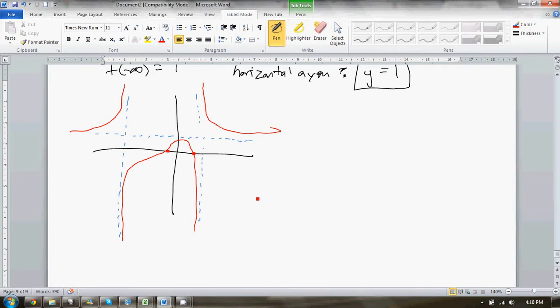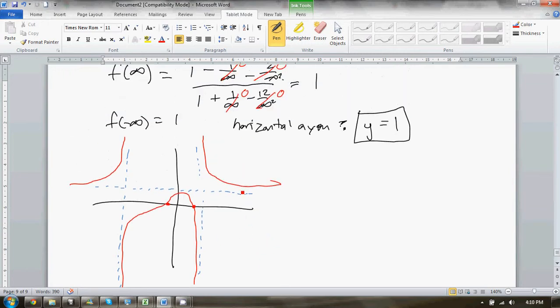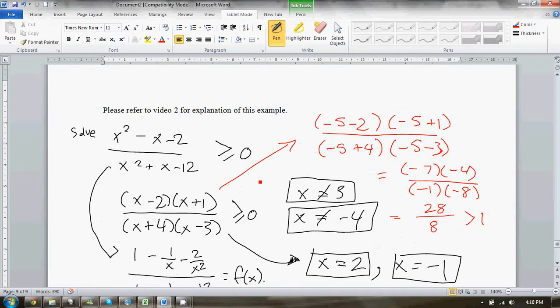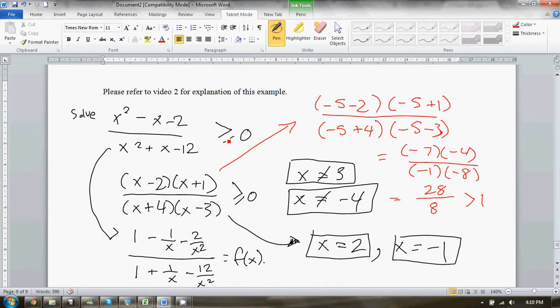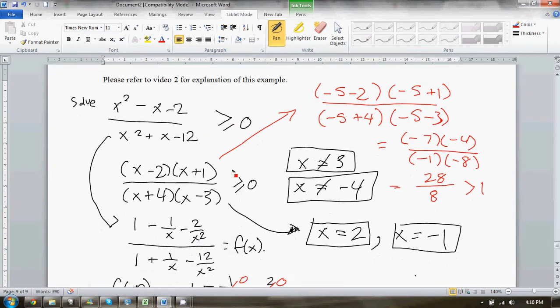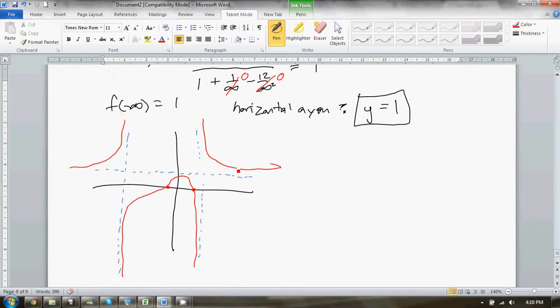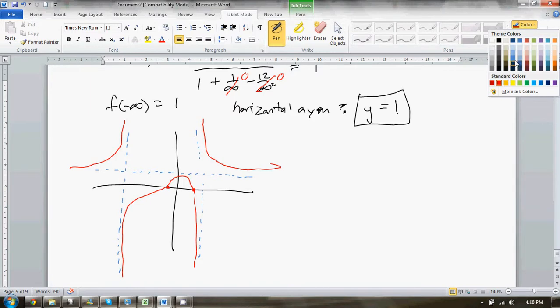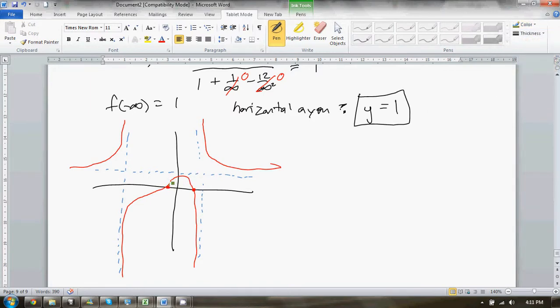It's pretty ugly. But the original question, I already forgot what it was. It's when this function is greater than or equal to 0. So I'm going to highlight that region there. It's going to be pretty much this section of the function and this section as well as this section.